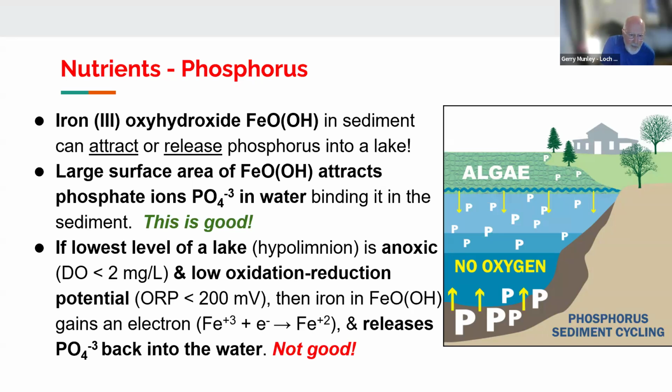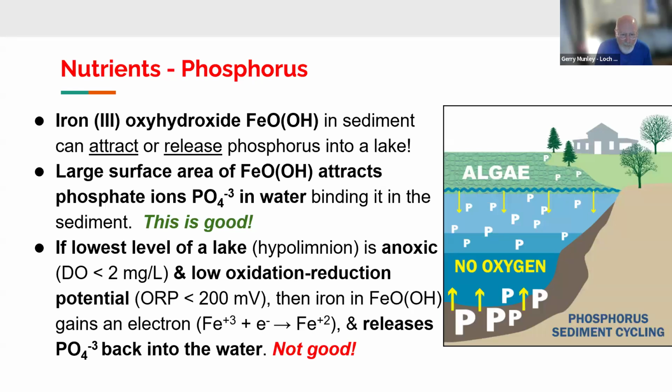It could be a sink and a source of phosphorus. So the compound actually has a very large surface area that allows the phosphate molecule, the PO4 minus 3, to attach to it, which is great, which could then produce a sink. It could just trap the phosphorus.